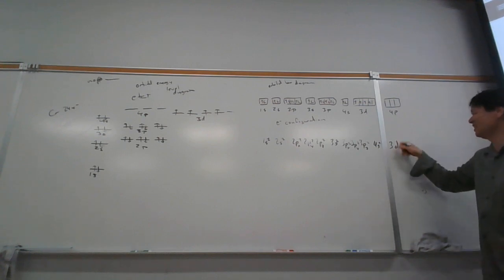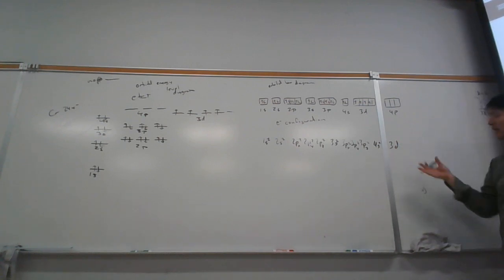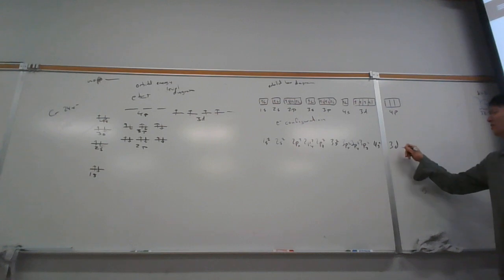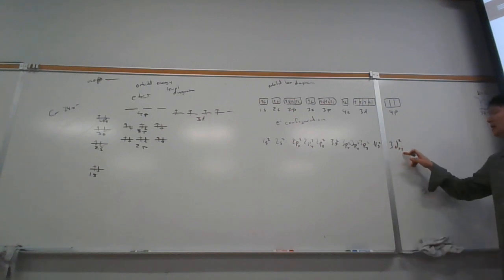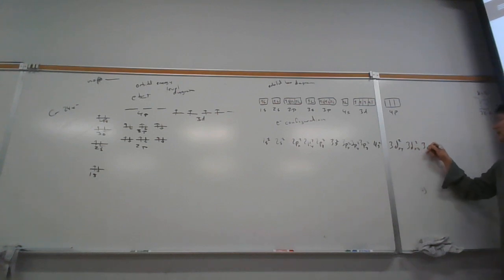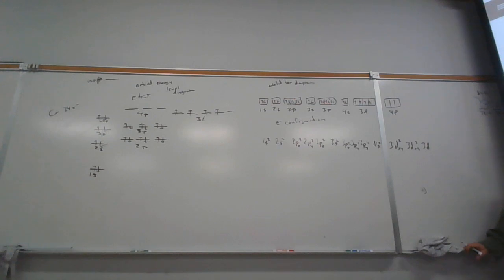Now the 3ds, they have plane notations on there. So we look at the xy plane, and the clover leaf is going to be in the xy plane. That's going to have 2 electrons, 3dxy. 3dxz for the xz plane, that's going to have 2 electrons. 3dyz with 2 electrons.